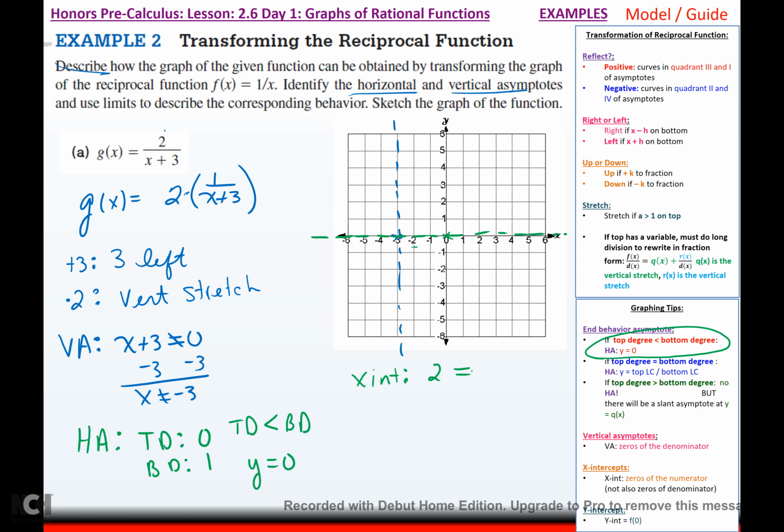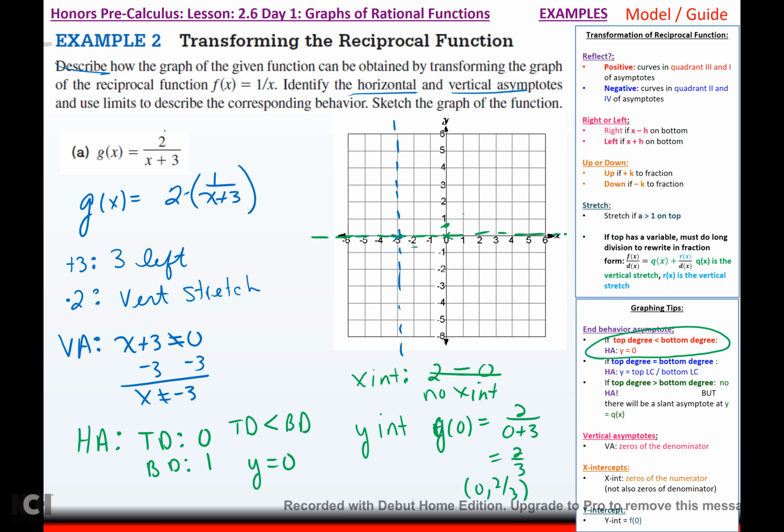Well, if I set the numerator equal to 0, that's just silly. There's no x in it. So there are no X-Intercepts. This thing won't cross the x-axis. To get my Y-Intercept, I find f of 0, in this case g of 0, which would be 2 over 0 plus 3, which would be 2/3. So this thing is going to pass through (0, 2/3), about right there.